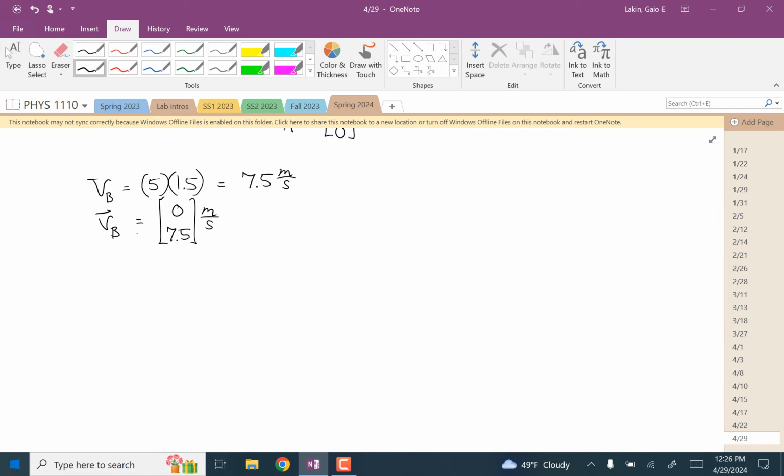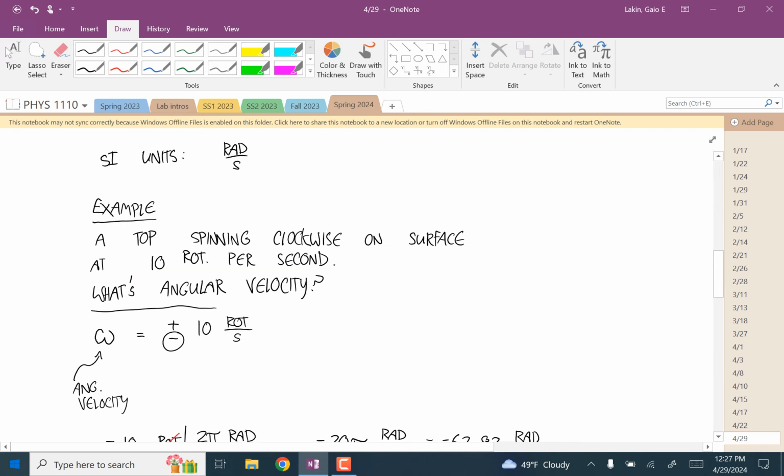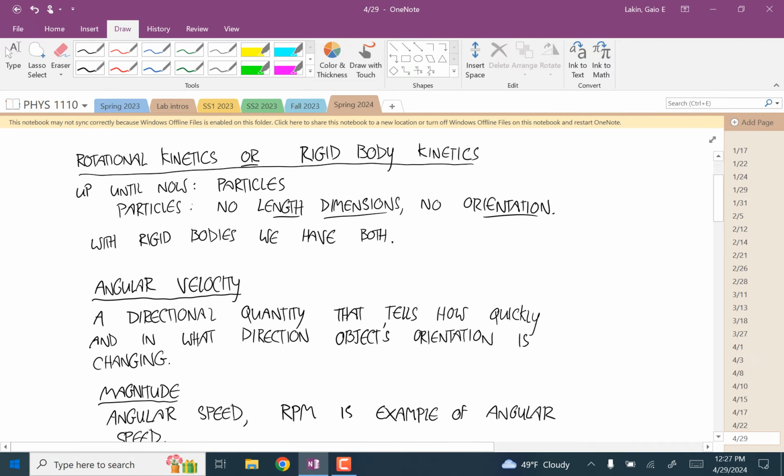The next thing we need to talk about is angular acceleration. This is going to use the Greek letter alpha. Looks like a goldfish. I guess let's put that up here too, that angular velocity uses the Greek letter omega always.